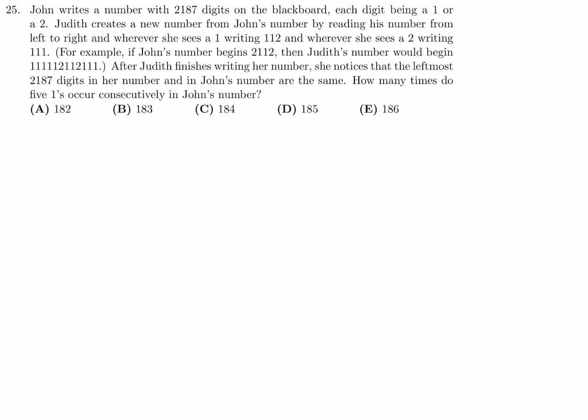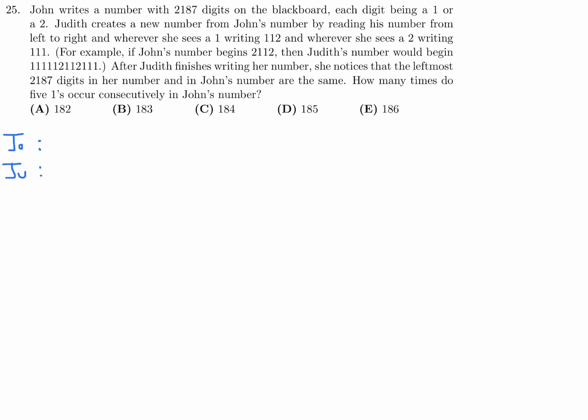So let's try to work with this. First and foremost, we've got John, and then we've got Judith, correct? Now we have to start figuring out what is John's number, and Judith's number we'll be able to figure out from John's number.